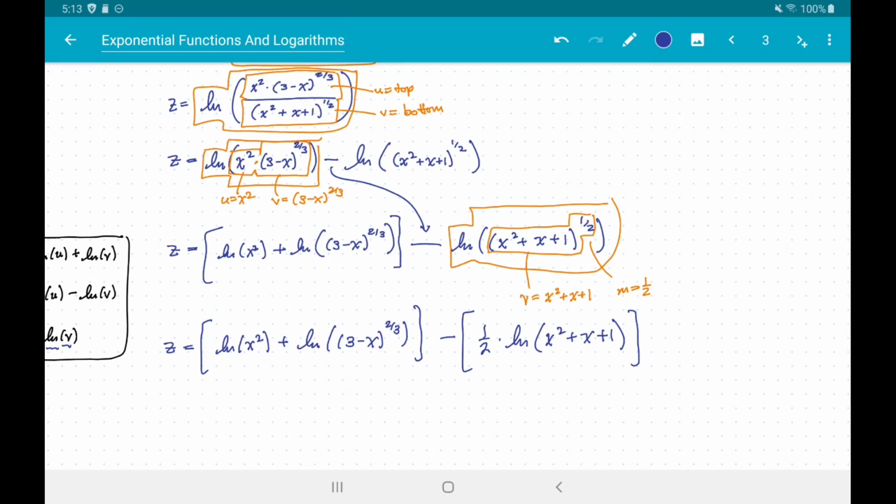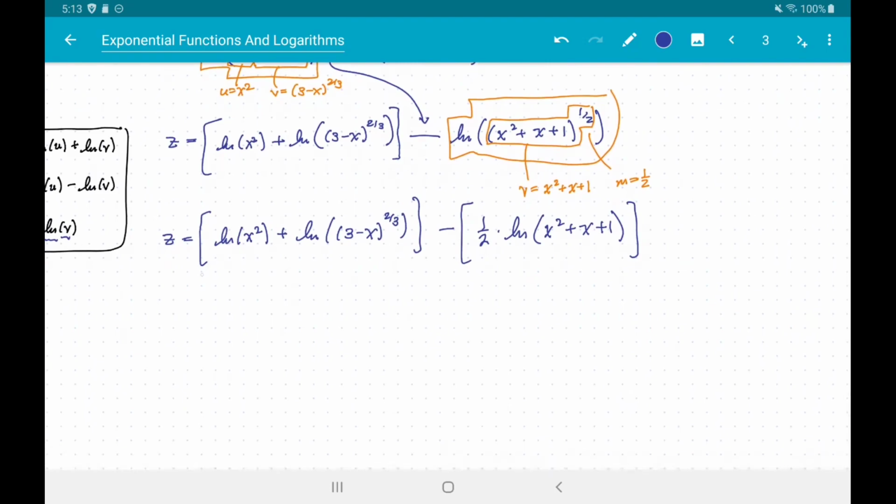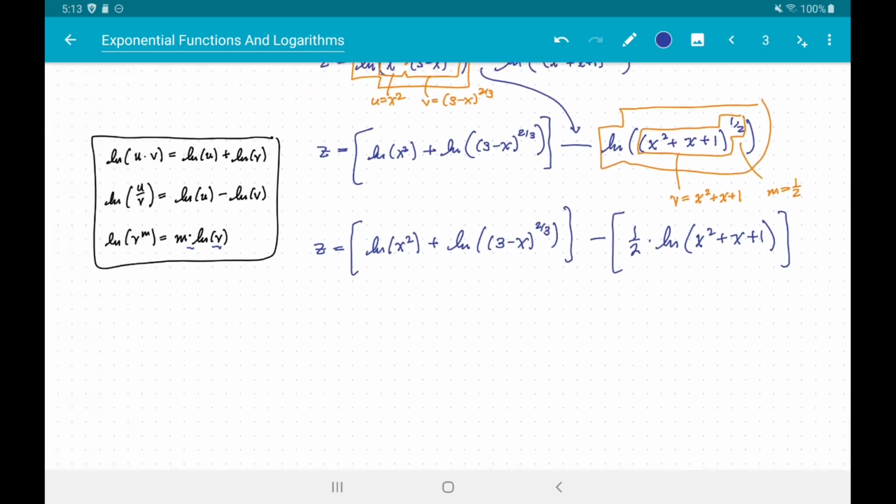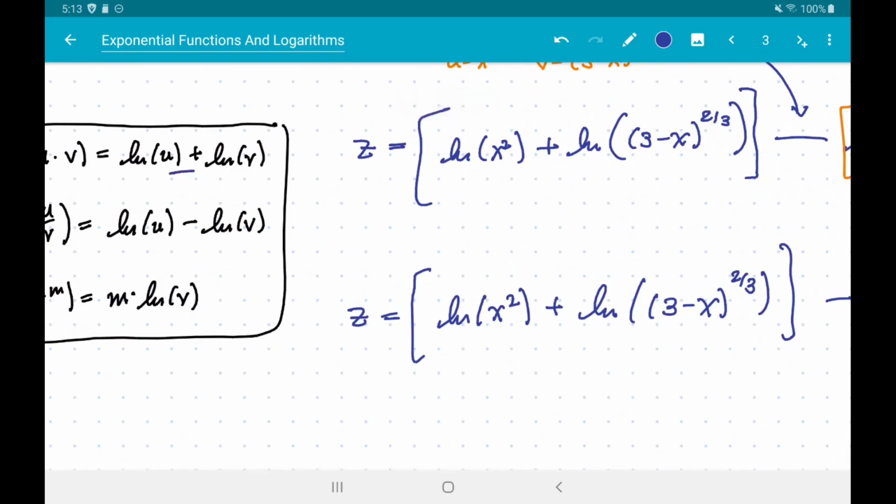Now, technically I don't need these big square parentheses. You can see that if you drop them, the result is actually still correct. However, sometimes when you do these logarithm replacements, you can see that you're going to get something that has addition or subtraction in it.